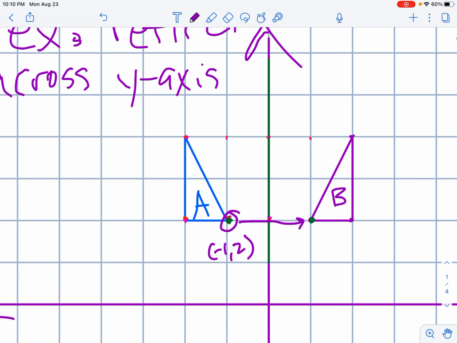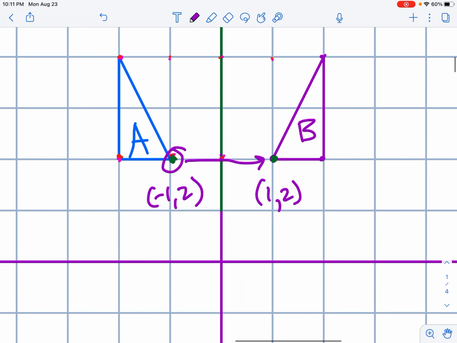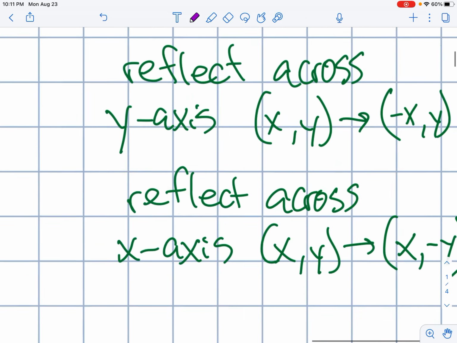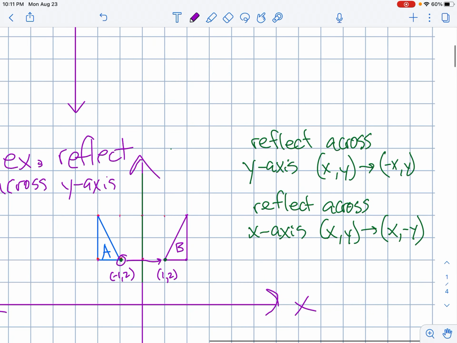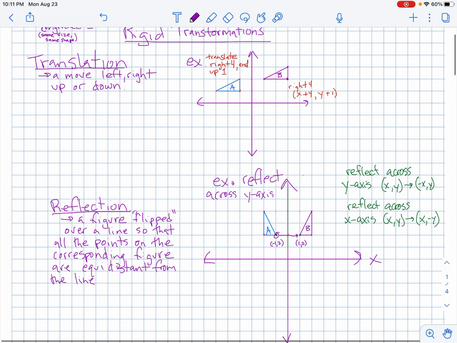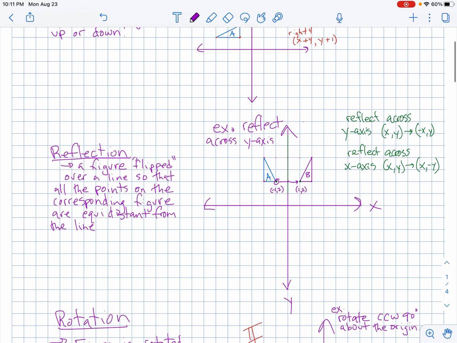And its reflected point over here? (1, 2). So how did it change? All we did was change the sign of the x coordinate. That's what we have going on up here: from (x, y) it goes to (-x, y). You just changed the sign. The same would be the case if you reflected across the x-axis: you just change the sign of the y coordinate. So that's how you do a reflection.